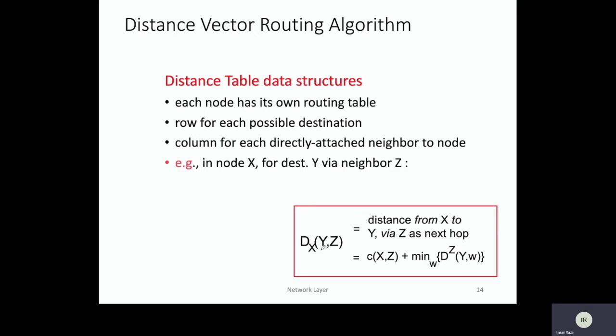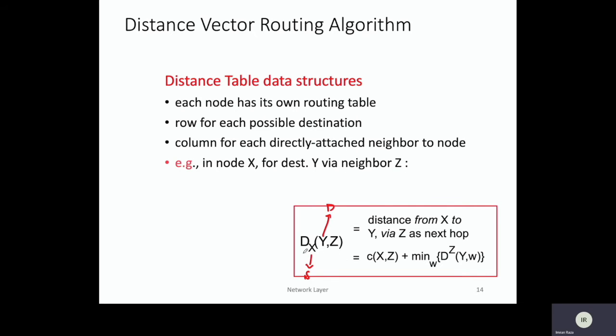So let's try to expand this notation, since we have seen that in order to reach from this source x, remember, to destination y, the important factor is the neighbor.